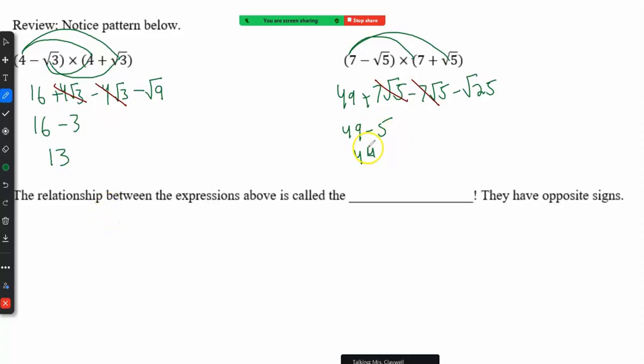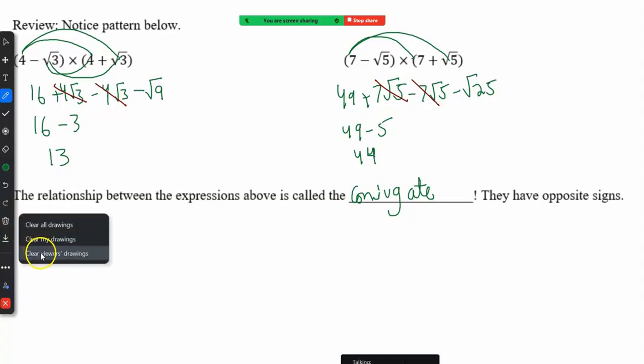So notice if the inside has the opposite sign, I get rid of the square root. These relationships between the two are called the conjugate. So conjugate, and they have opposite signs. So we're going to keep this in mind as we look at the last part.